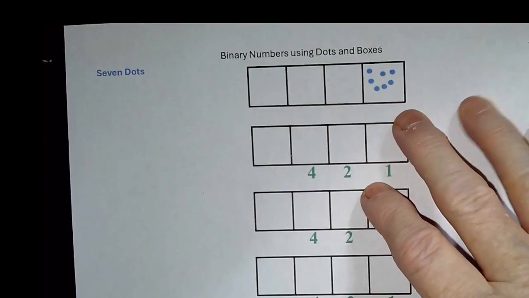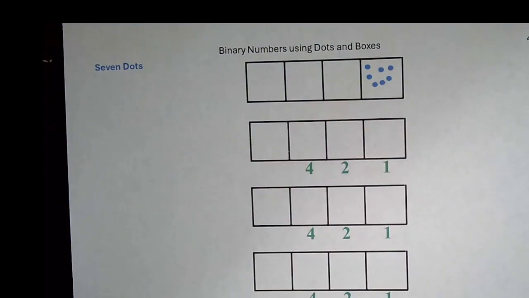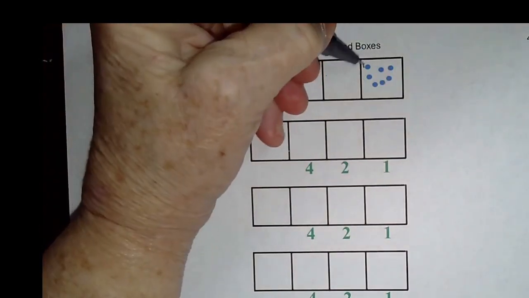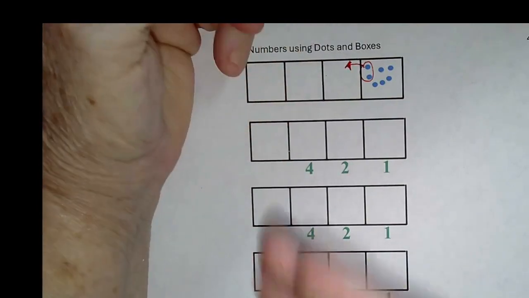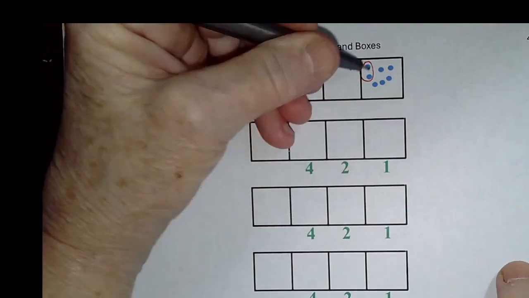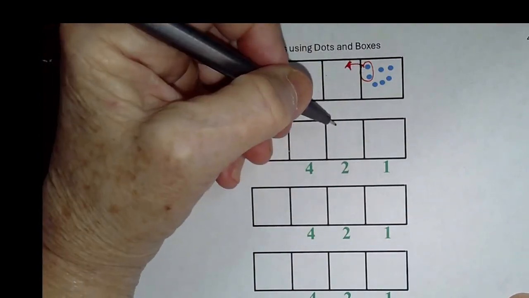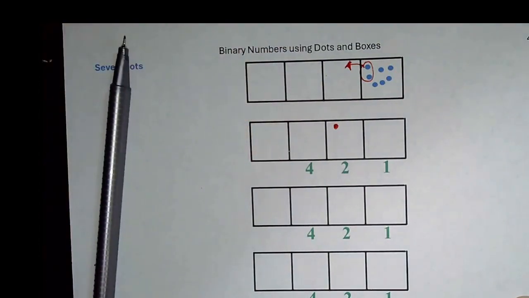Okay, if we started with 7 dots, let's see. Let's do the same thing. Let's go leftmost to rightmost. So this first group of dots that explodes, I'm going to call red.